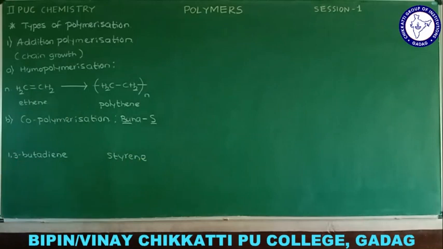So we'll see the structure of that one. 1,3-butadiene, but we need to consider 4 carbons. Ene stands for carbon-carbon double bond, diene stands for two carbon-carbon double bonds, and the position is 1 and 3.